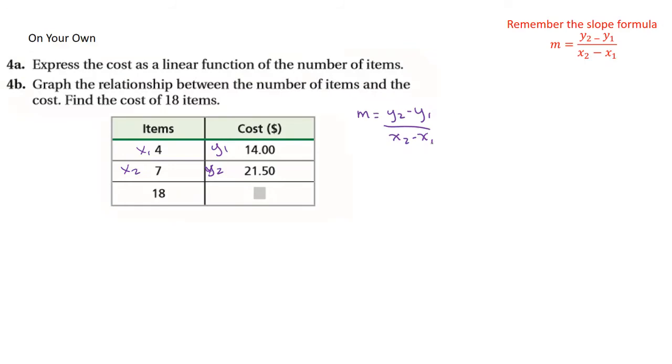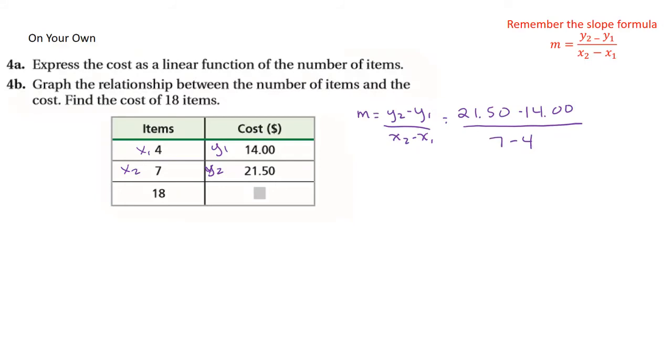So y2 is $21.50 minus y1, which is $14, and all of that is over x2, which is 7, minus 4, which equals 3.